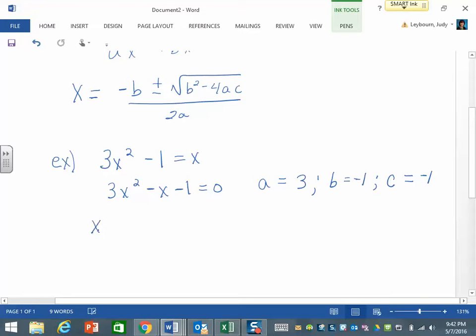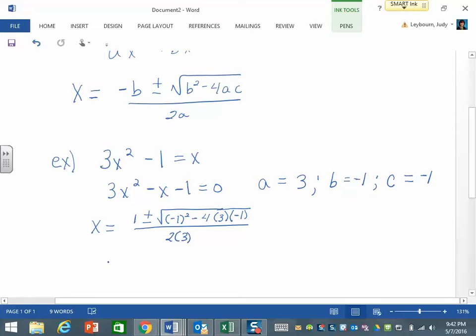So x is equal to the opposite of b, which now would be 1, plus or minus the square root of negative 1 squared, minus 4 times a, which is 3, times c, which is negative 1, all divided by 2 times a.